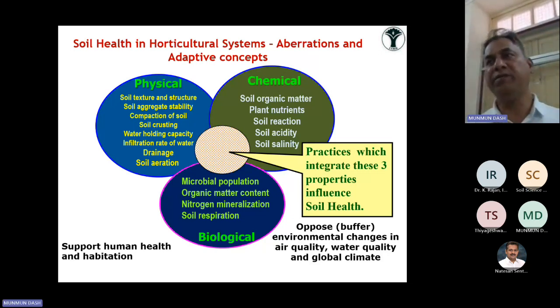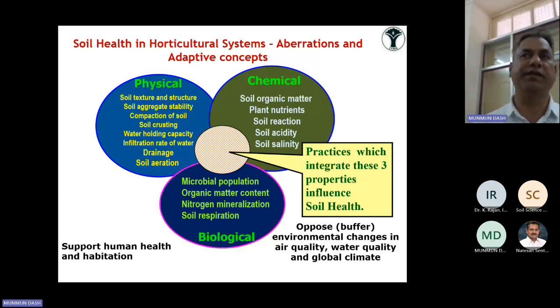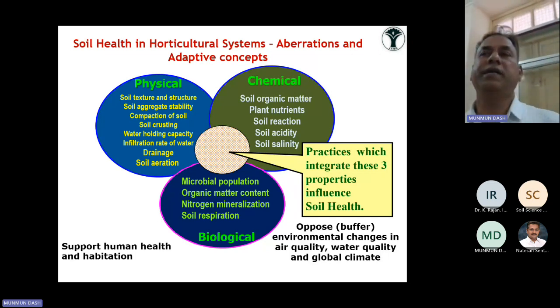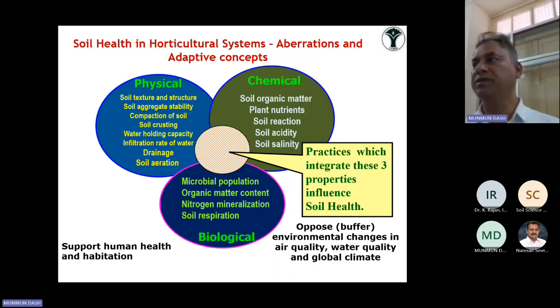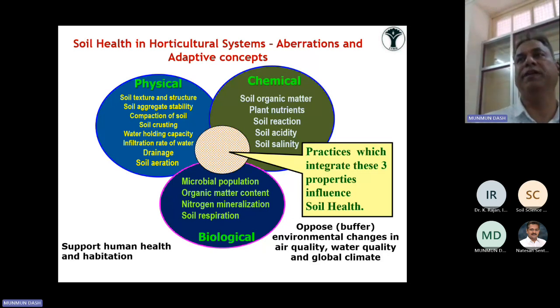Now we are talking about either myth or reality. We have been talking for several days about soil health and sustainability of production, but it is unsure where we have reached.